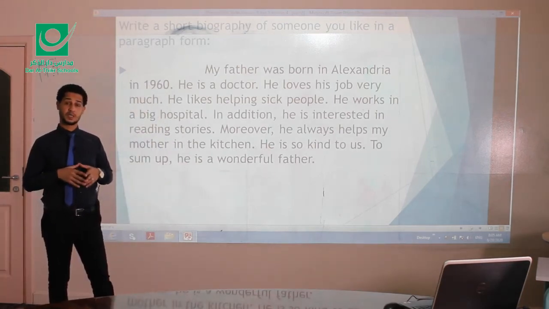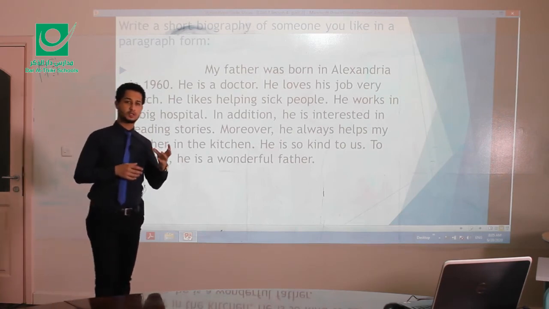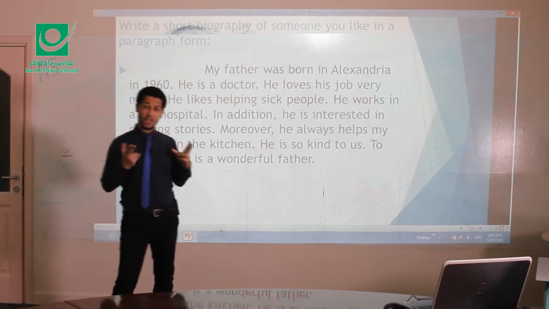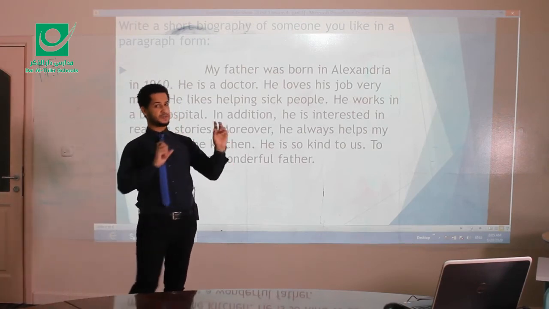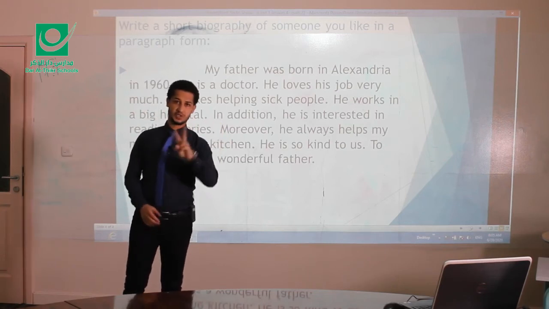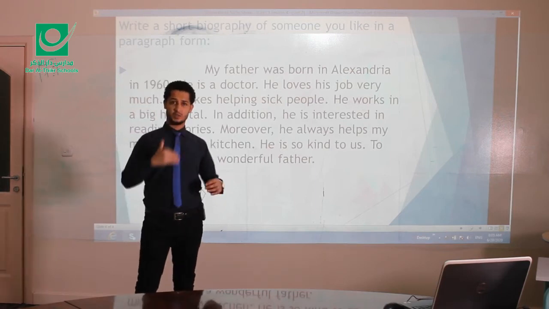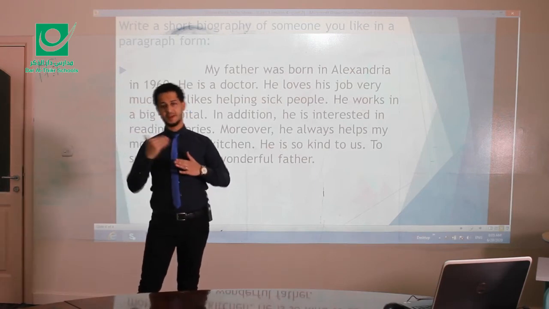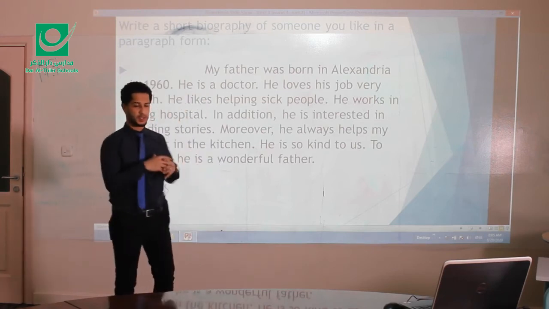It was past continuous with while, and we said we use while to connect or to link two actions that were continuous together for a period of time in the past, and the two actions past continuous, okay? The past continuous form is was or were, and then we add ing to the verb, okay? And of course we start with the subject.